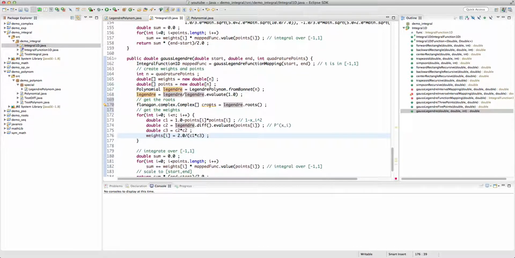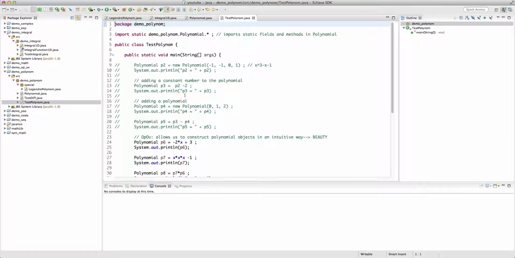So we are getting the roots, but these are complex, and we already know that all the roots are real. All the roots are real, all right? So what we are going to do, actually we can test this. Let's go to test polynomial.